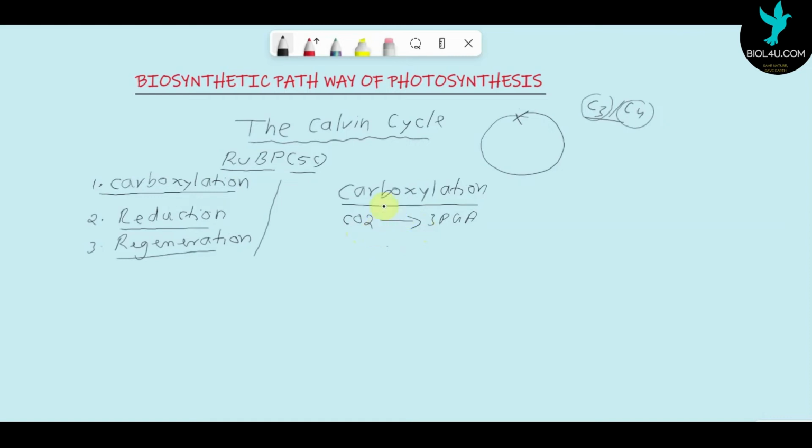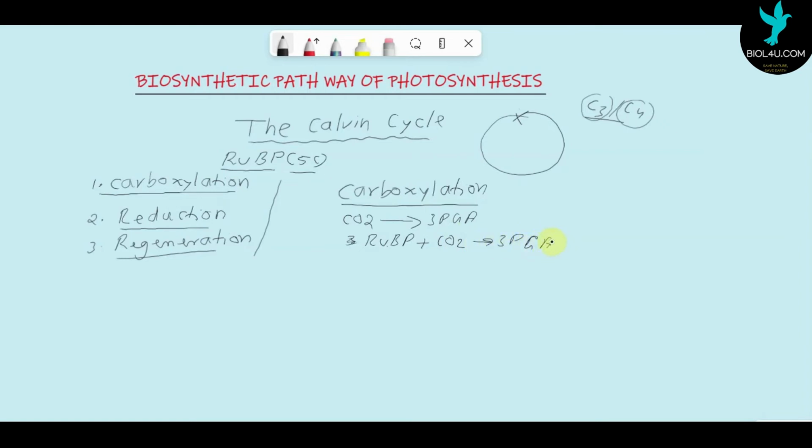The RuBP, ribulose bisphosphate, undergoes carboxylation and produces the 3-PGA, phosphoglyceric acid.